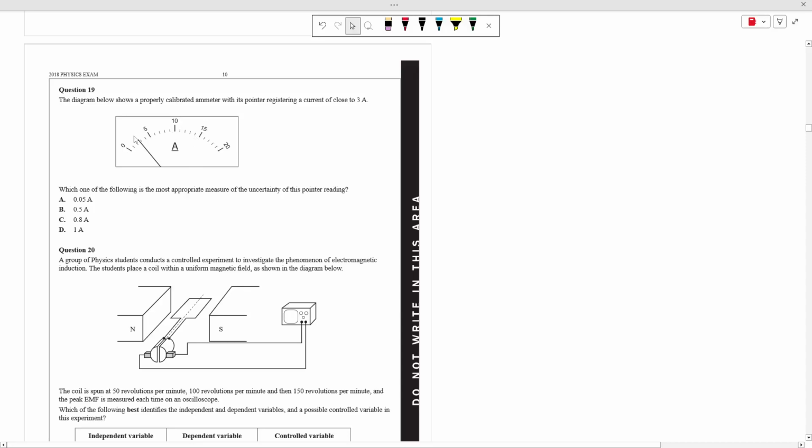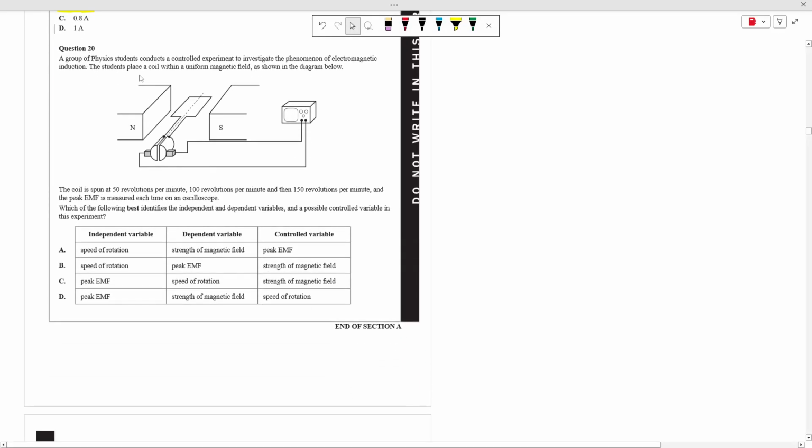So the resolution of your measuring device, which in this case is 1 amp, everything's marked off in 1 amp increments, we can only be as certain of our measurement by half an amp, because that's half of the divisions of the ammeter here. So I'm going to say it is B, because that is just the definition of how you get your uncertainty from your measuring device.